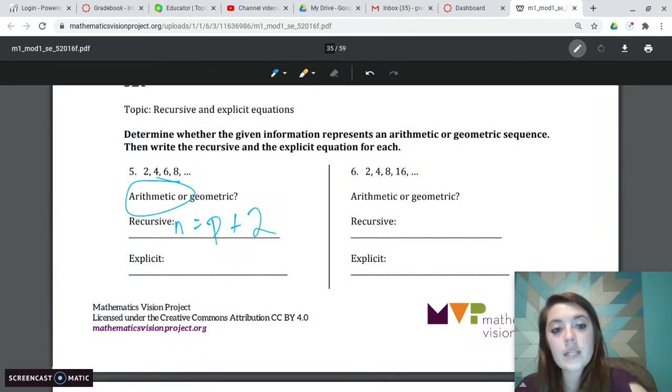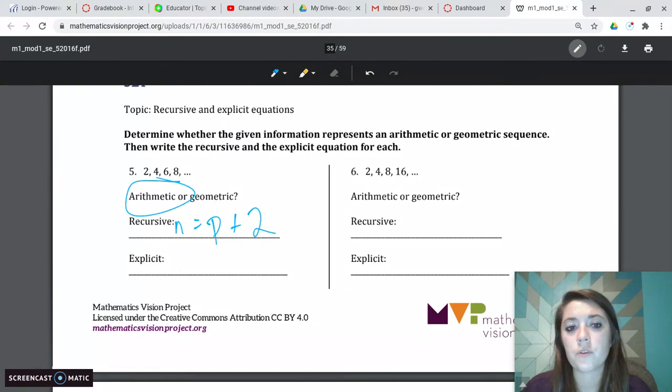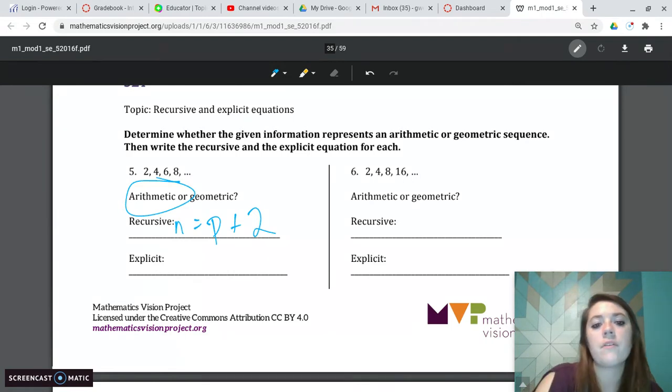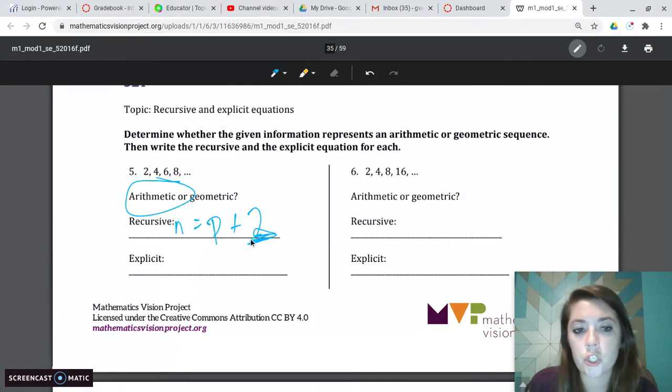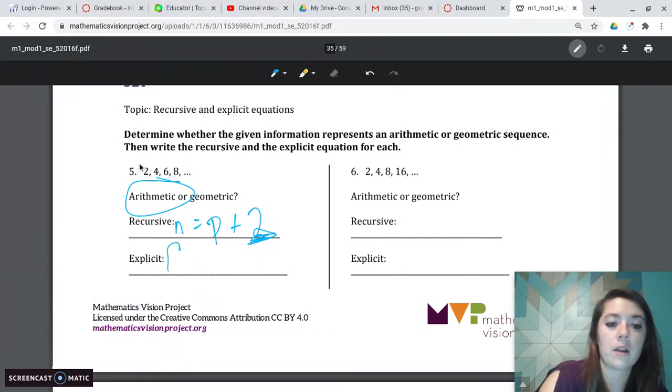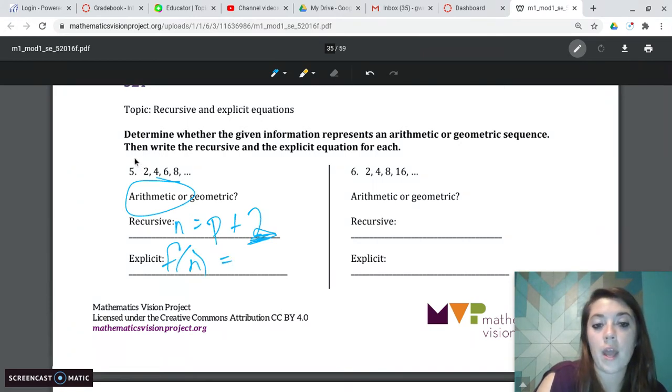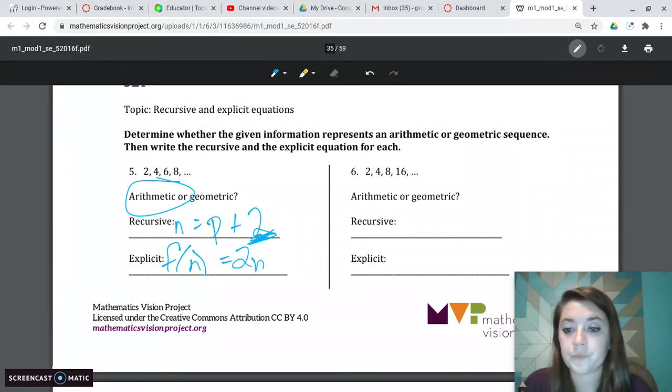Now, for our explicit equation, I've noticed some of you are having a few issues with this, so I'm really going to explain this here, hopefully. Whatever this value right here is, that represents your slope. An explicit equation is always going to start with f of n equals whatever this number right here is, so 2, and then we put our variable n.